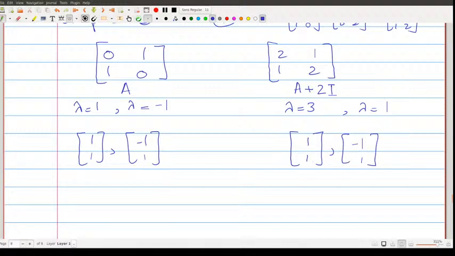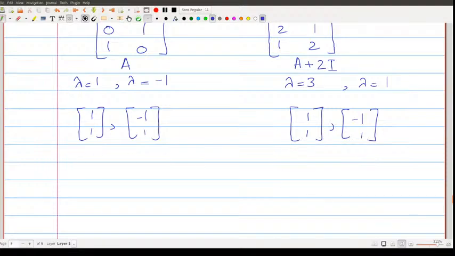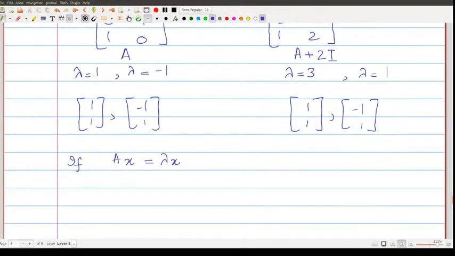So what can we conclude? We can conclude the following, and I can even show you. If Ax equals lambda x, that is, A has eigenvalues lambda and eigenvectors x, then we can add alpha times the identity times x to the left side, and alpha x to the right side. So we're just adding a scalar times the identity to the original matrix.